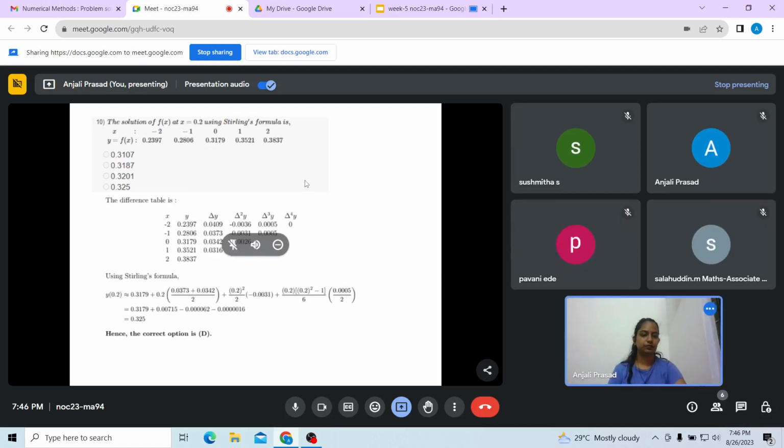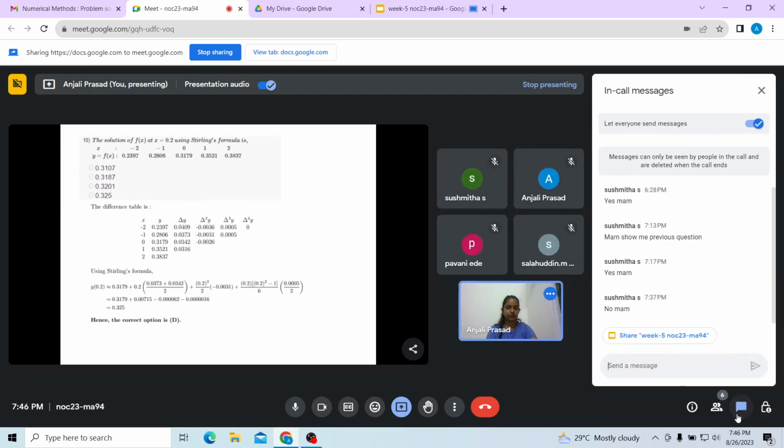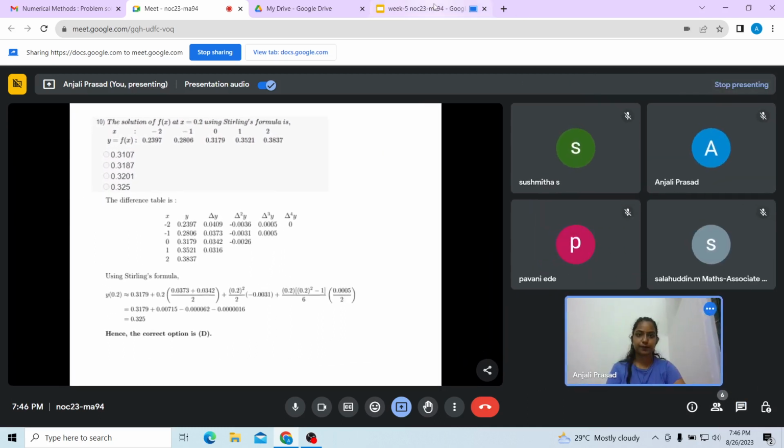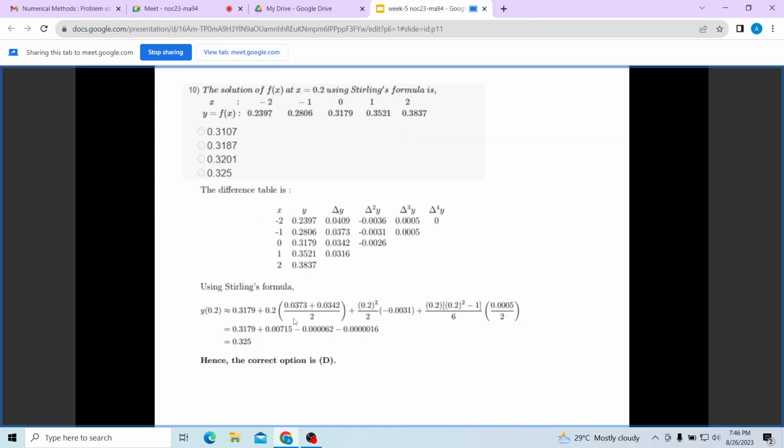So are you getting y of 0.2 as 0.325? Is there any doubt? I hope it's clear.